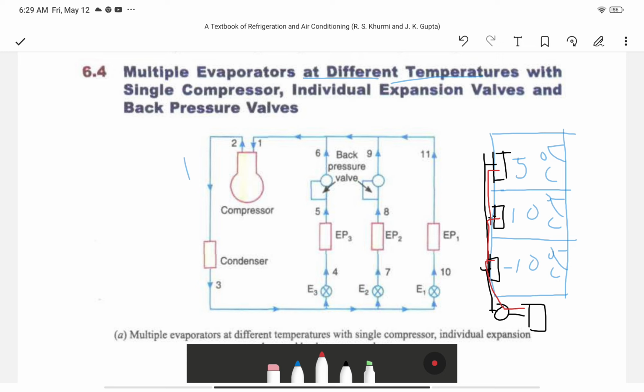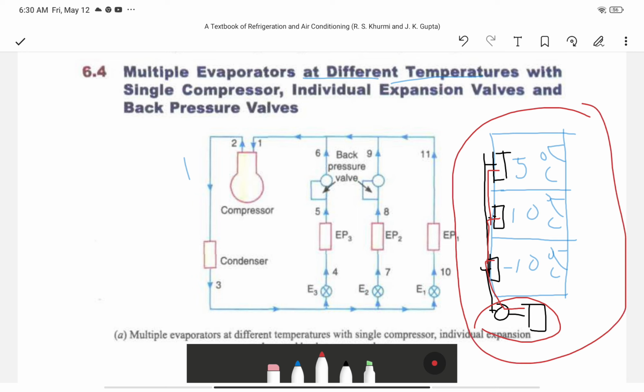Of course, you have to locate your compressor and your condenser in a safe place. So this is just a sketch for us to understand how it is installed at site. This is the site setup, basically a simple sketch.